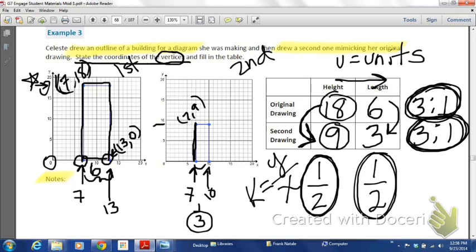Looking from the original to the second drawing, we're looking at this ratio of 1/2. If we go across here and look at our height to our length, it's always 3 height to 1 length, or vice versa, 1 length to 3 height. So you have two different constants here: the height to length ratio, and from the original drawing to the second drawing, 1/2.